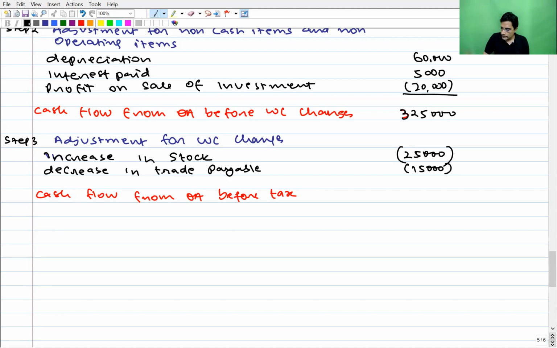So before tax, it will be 3,25,000 minus 40,000, that is 2,85,000. Now we have to minus the tax. Minus tax paid, step number 4.